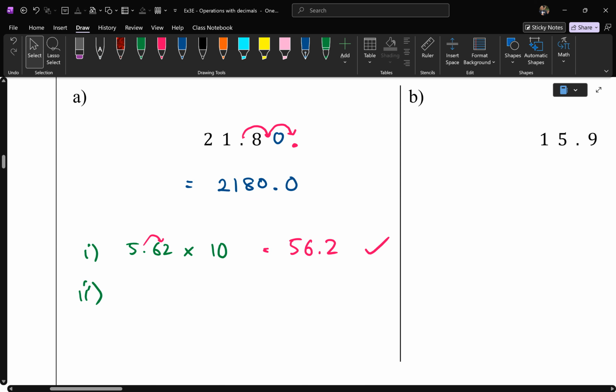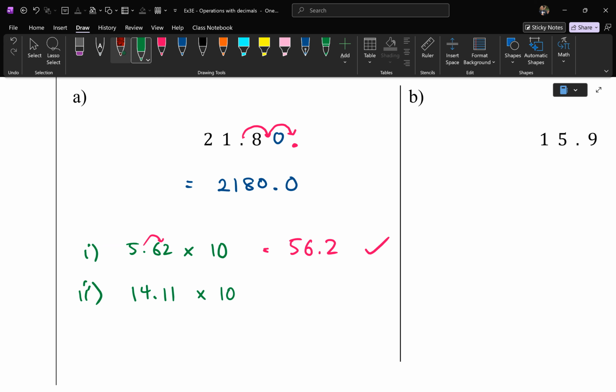Vivian, if I gave you 14.11 times 1,000, what would this equal to? 14,100.